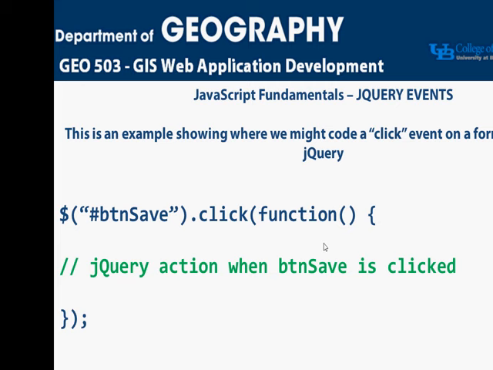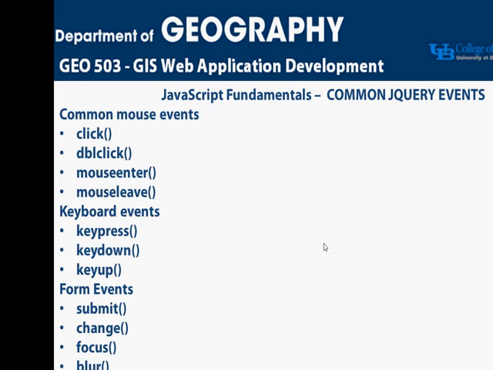And on the previous slide, I have for you some common examples of mouse events that you can use with jQuery. So I use click. Another common mouse event is dblclick for double click. You can have mouse enter and mouse leave. So that jQuery will run when the cursor comes over an object, and then you can have a different one run when the cursor departs from an object.